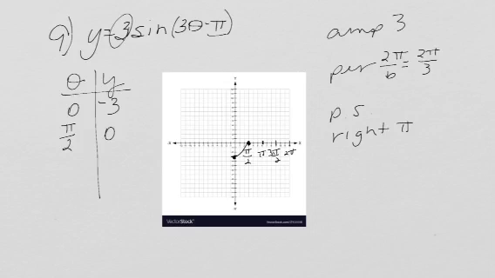I come up to 0, I'm going to go up to 3, back down to 0, down to negative 3, and continue on in this fashion throughout my rotation around that unit circle. And just getting that sinusoidal curve like that.